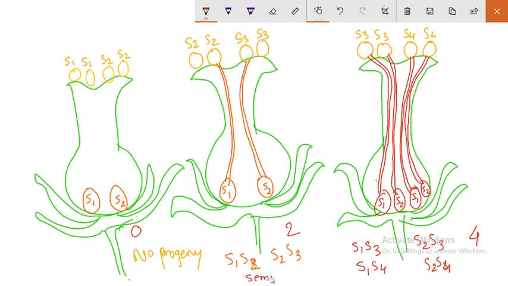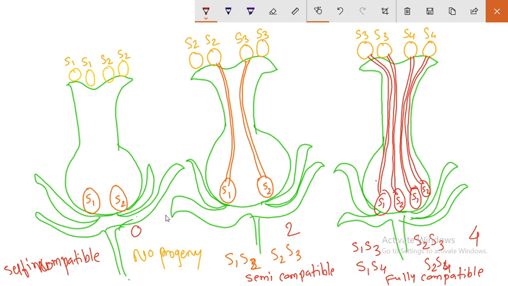These are the fully compatible, and they are self-incompatible. Such different types of alleles show fertilization with different allele organisms.